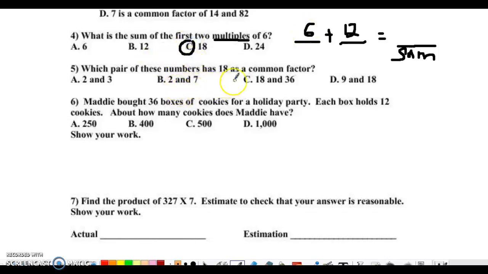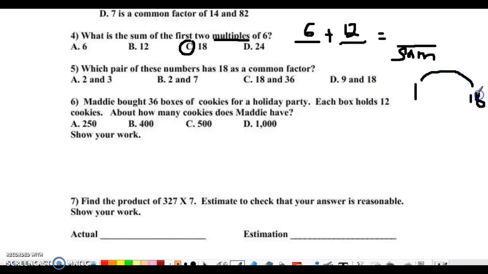Which pair of these numbers has 18 as a common factor? Well, if you want to find factors, you just need to do factor rainbows. And in this case, we know that every single factor of 18 is going to start with a factor rainbow of 1 and 18.